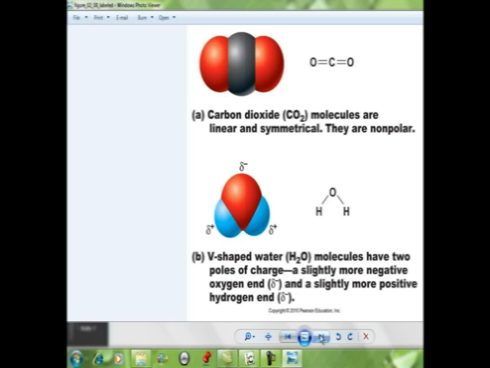So we have something called a polar molecule. This is H2O. What's H2O? Water. So water is a polar covalent molecule. Still covalent bonding, still sharing, still pretty neutral, except for the slightly negative and slightly positive ends.